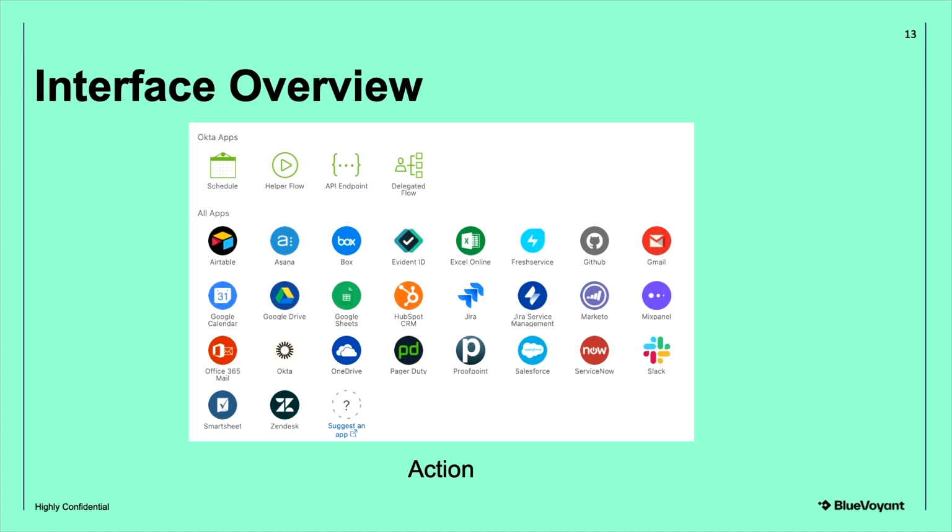It can be an action that happens within one of these applications that you're integrating, whether it be a message sent to a specific Slack channel or an account moved into a specific group. All of these things will tell Okta Workflows to start working through whatever flow you've created for them. And then once that happens, the actions start to take place, and that's where things actually happen.